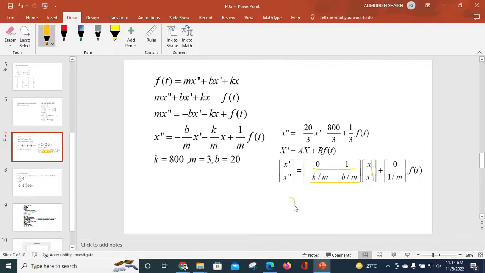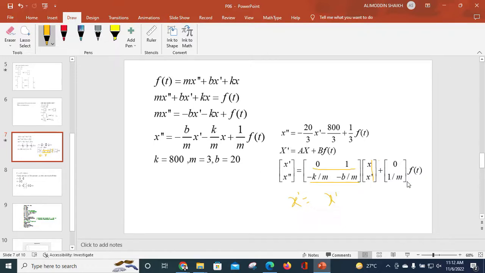So x dash is equal to x dash. Means the first term will be 0, second term will be 1. Getting it?